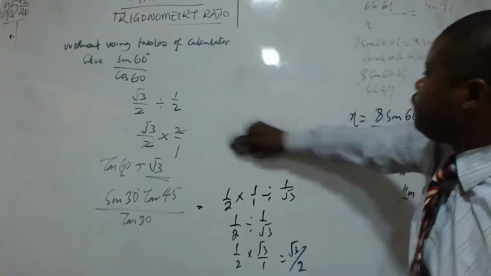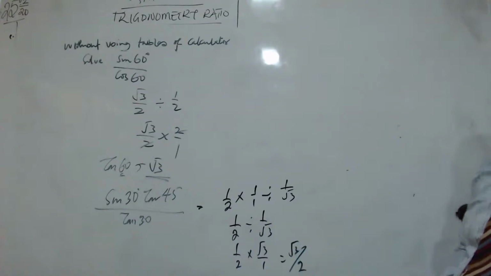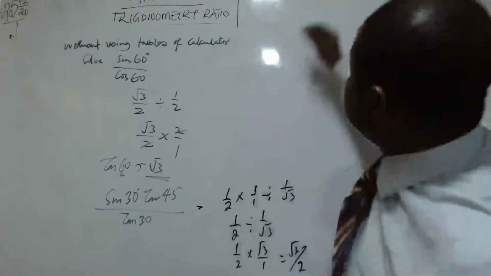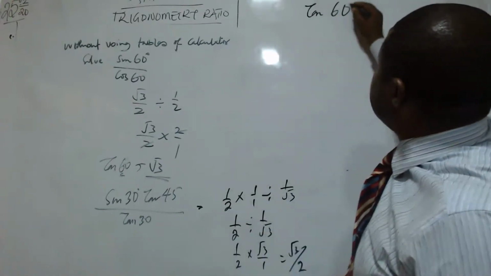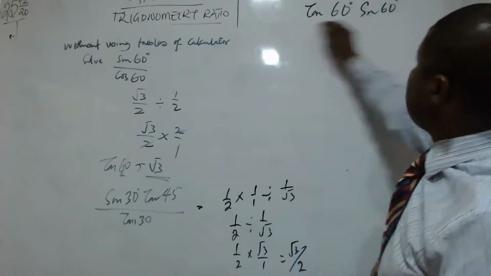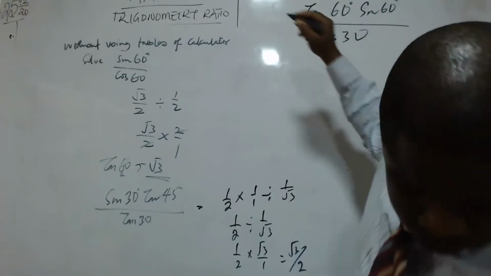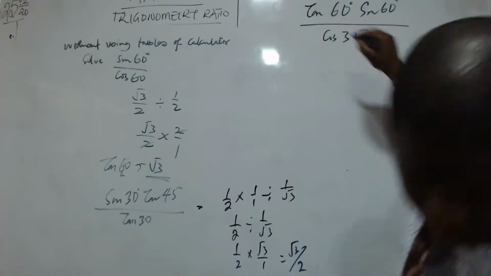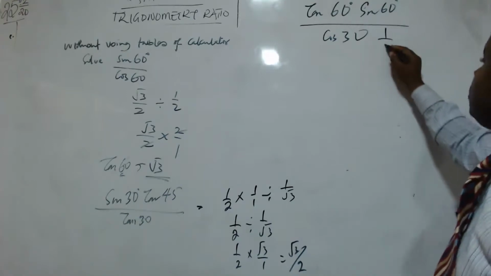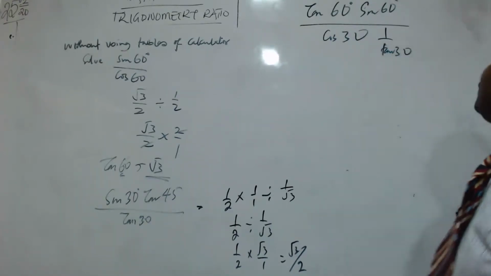Now look at the last one again. This one says tan 60 times sine 60 divided by cos 30, then times 1 over tan 30.